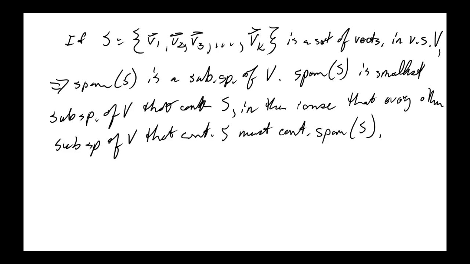U is C1 V1 plus C2 V2. V is D1 V1 plus D2 V2. Both of those are made up of the vectors in S, and they're in the span of S. Now, all those are scalar numbers. U plus V, if you added those together, you add the constants and keep the vectors, and those constants are real numbers because both parts are real numbers. So yes, vector addition works.